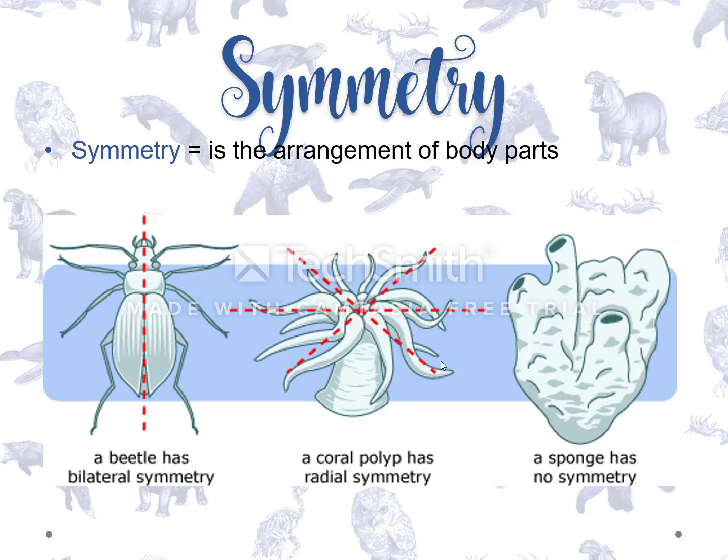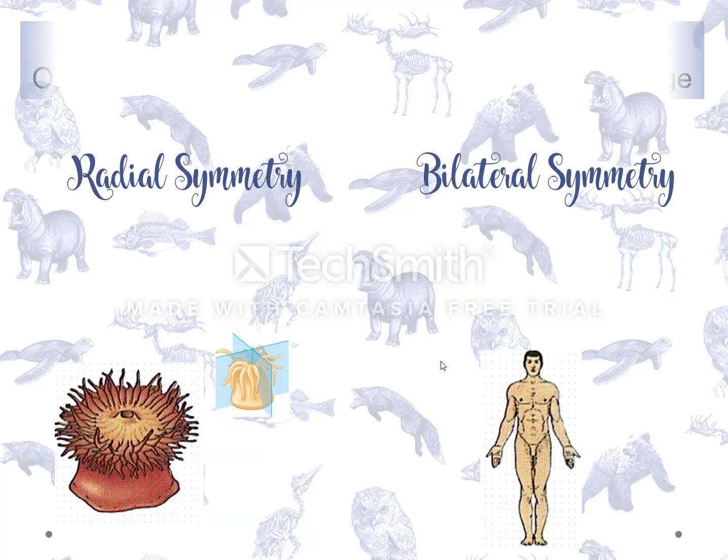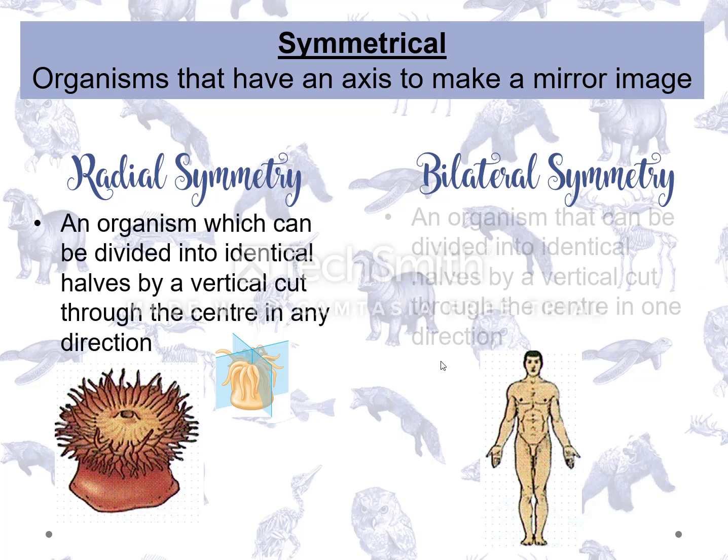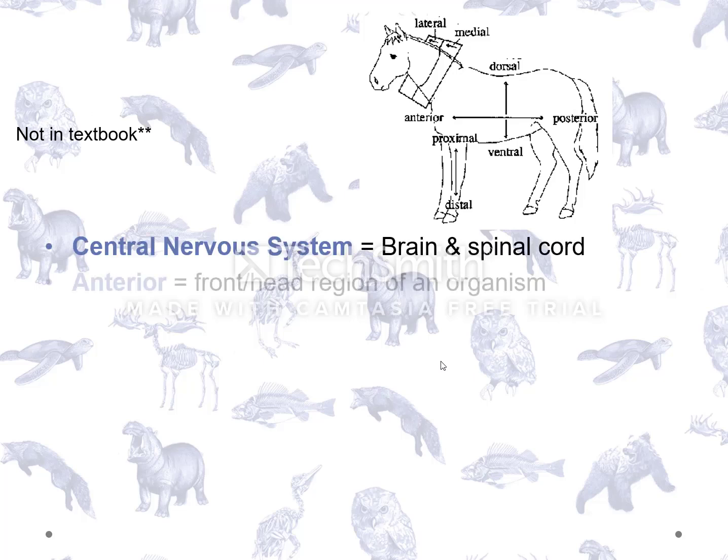Okay, so three types: bilaterally symmetrical, radially symmetrical, and asymmetrical, not symmetrical. You can read through that yourself.